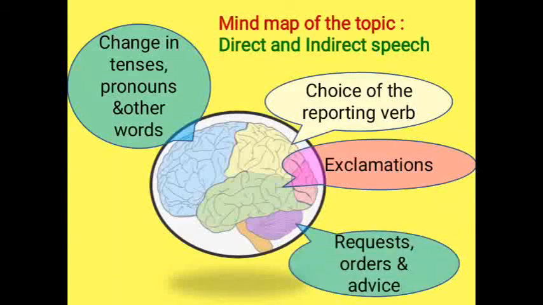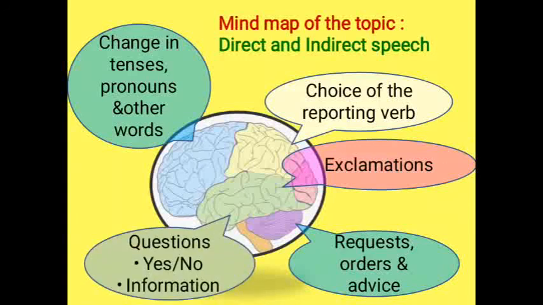We have also learned the rules for requests, orders and advice, that is the imperatives. We have also learnt the rules for the questions, that is the interrogative statements. These could be two kinds of interrogatives, the yes or no and the WH, which are information seeking. So with this, we have clearly understood entirely the conversion of direct to indirect speech and indirect to direct speech. All these use a set of rules and we need to remember these rules.